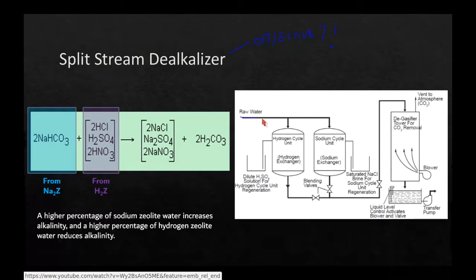So here's what happens. The raw water comes in and goes into the H2Z, and what we get coming out is acid in the form of HCl, H2SO4, and also some carbonic acid. And so what's going in?